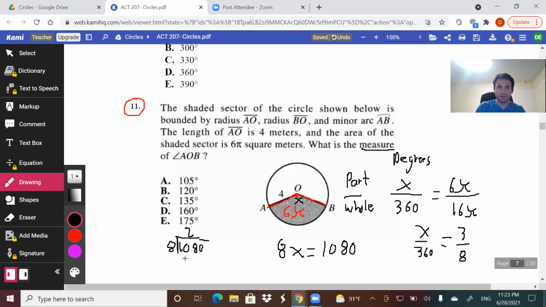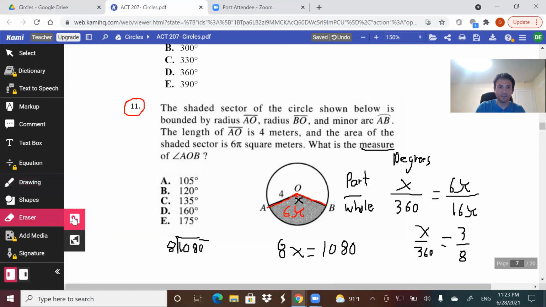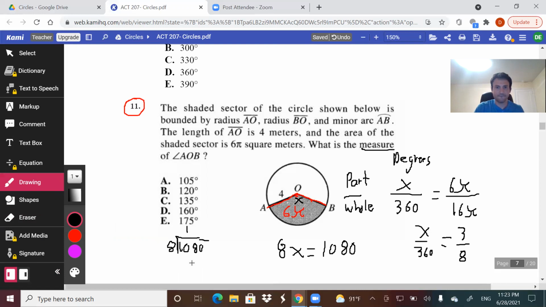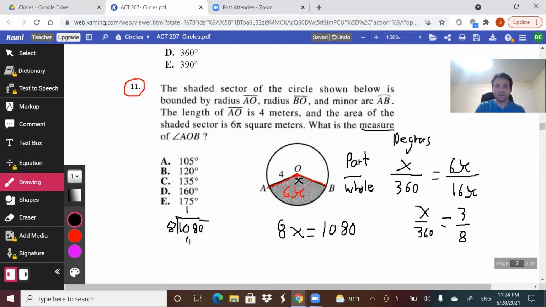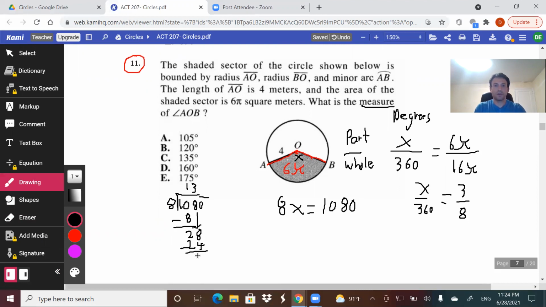It goes in 1 time, subtract to get 28, 3 times is 24, bring down the 0. 8 goes into 40 5 times. So that degree measurement is going to be 135. Okay.